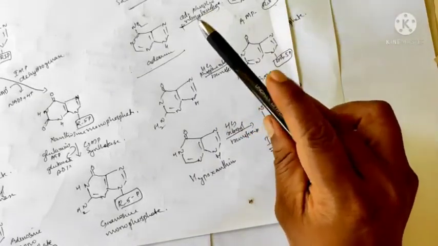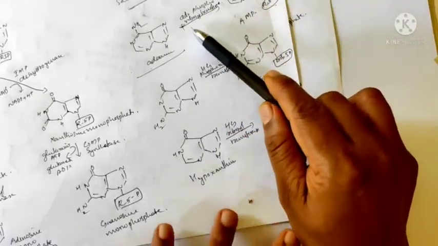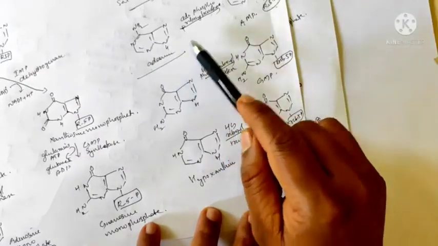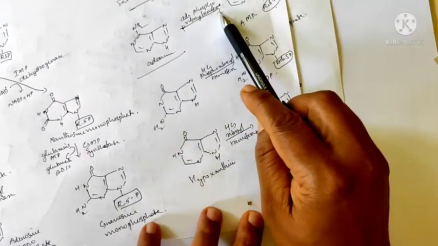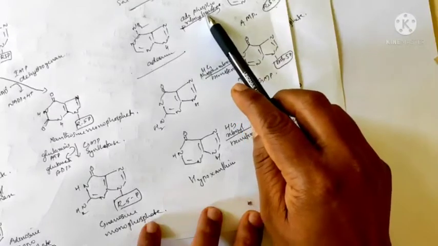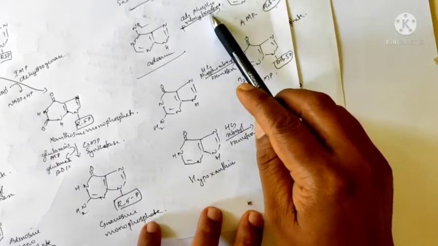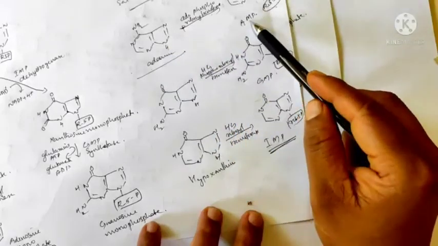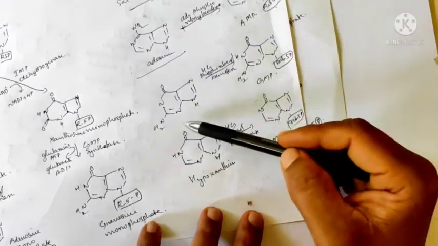See, salvage pathway means phosphoribosylation of pre-existing nitrogen base. To adenine, phosphoribosylation occurs. Enzyme adenine phosphoribosyl transferase transfers a ribose 5-phosphate to the 9th nitrogen, so that it will form adenosine monophosphate.